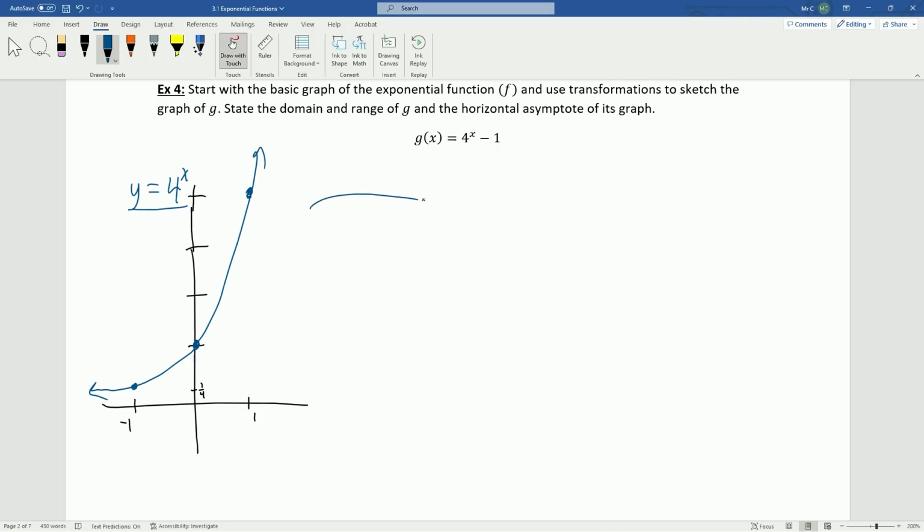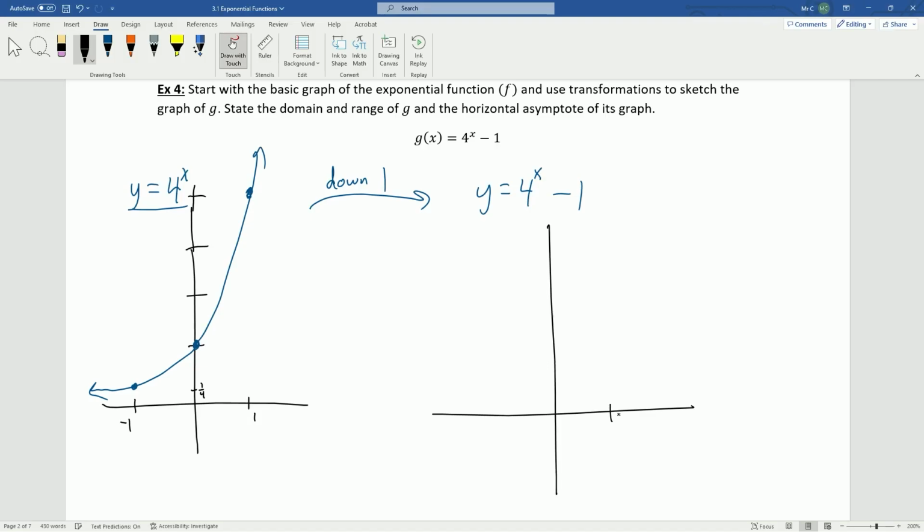Now, this graph is going to shift to y equals 4 to the x minus 1, and that's just a shift down by 1. So if I'm shifting down by 1, my asymptote that was at y equals 0 is now going to be at y equals negative 1.